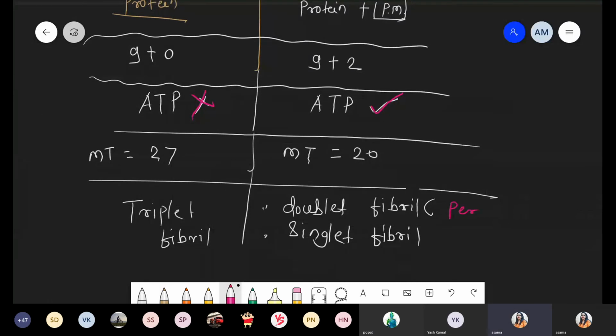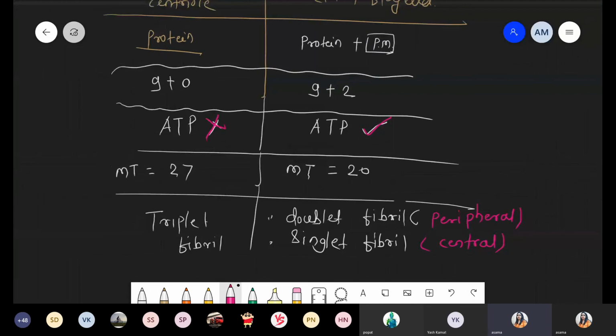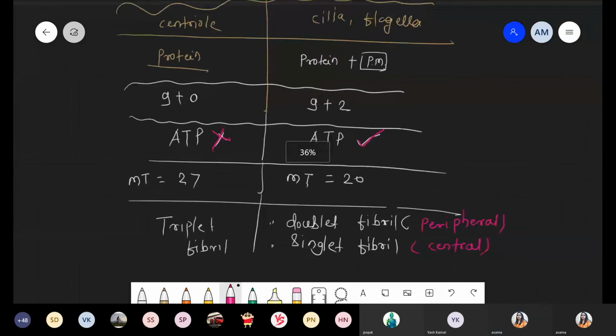On the periphery. MT is for the microtubules, PM for the plasma membrane, and ATP is adenosine triphosphate, energy. Absent means not required, and in this condition they are required. Got it?